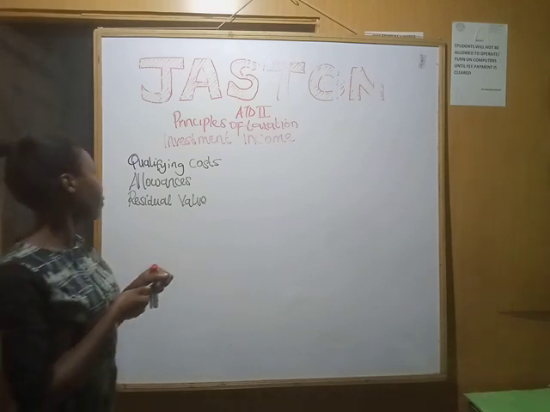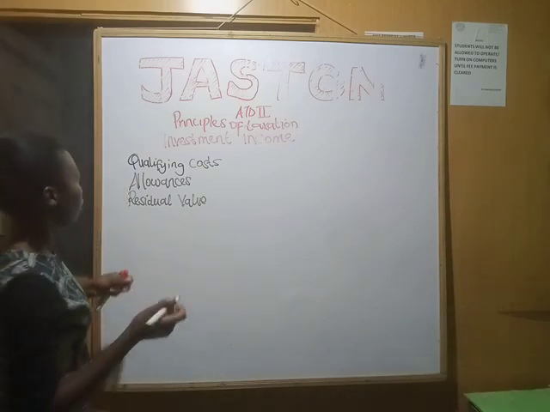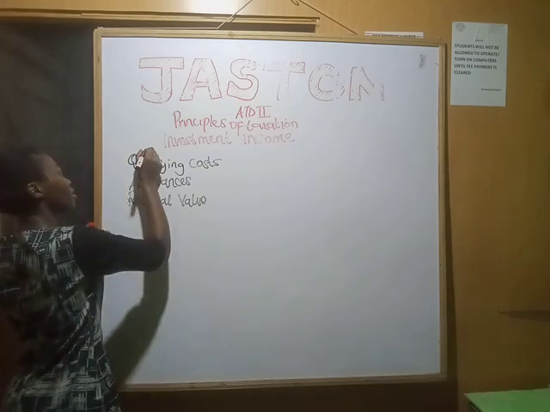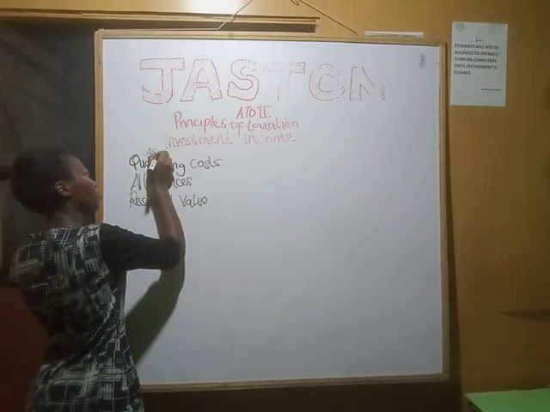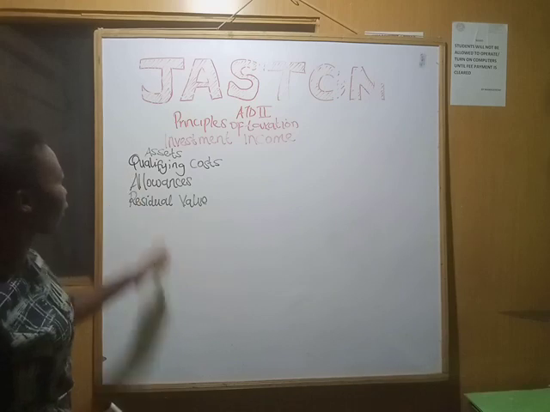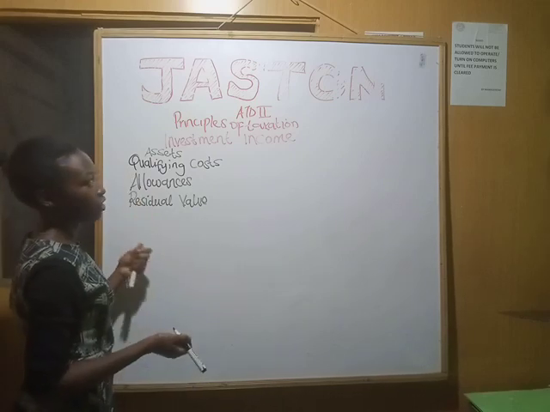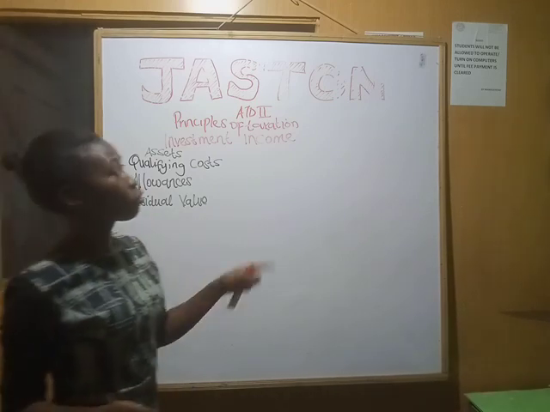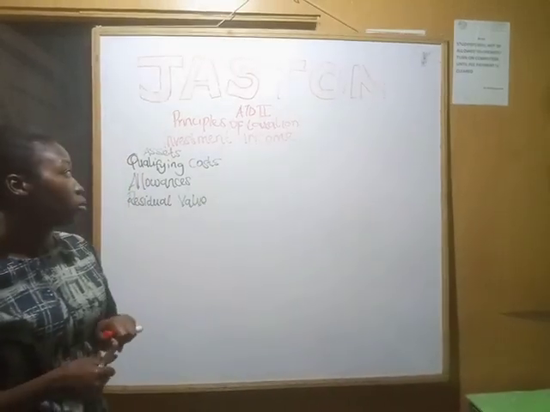So from our assets, we are going to look at the qualifying costs, the allowances, and the residual value. So to tackle this, we are going to start with a question.